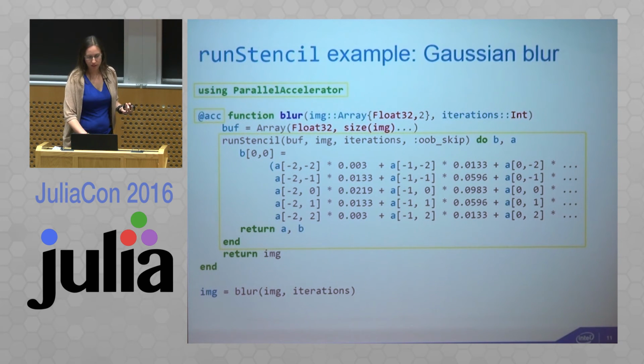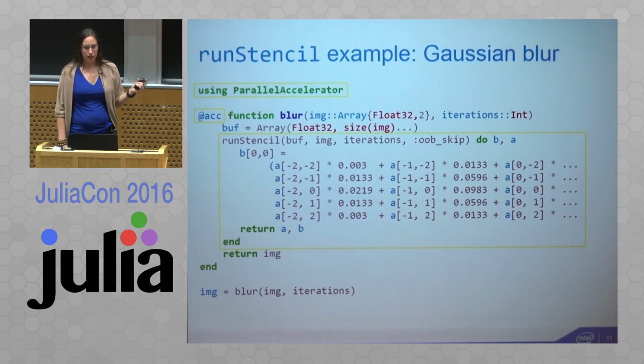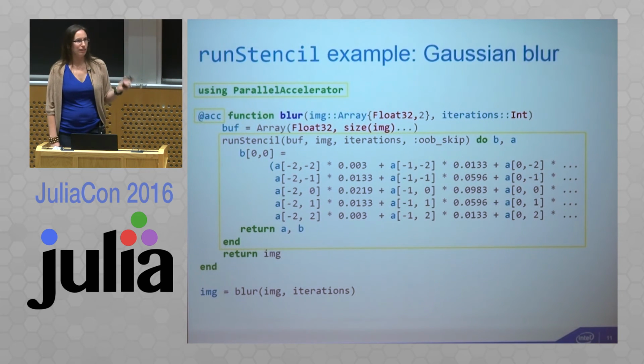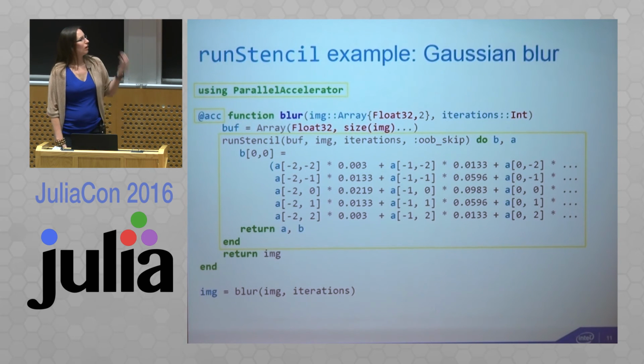And what the code here does is it indexes into b and says, okay, at the index 0, 0 in b, we want to write into that pixel based on what's at index 0, 0 in a, the original image, plus all the pixels that surround that one, according to these particular weights, which I didn't put all of on the slide here.